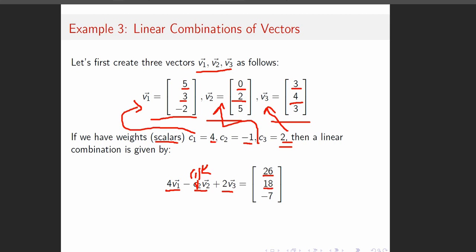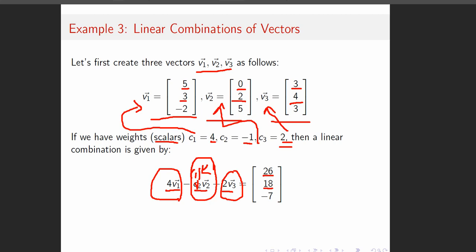And you can see that this works out. So what I do is scalar multiplication, take the real numbers times the vector, right? And then I add the vectors. Okay, that's what a linear combination is. It's the sum of scalar products of these vectors.